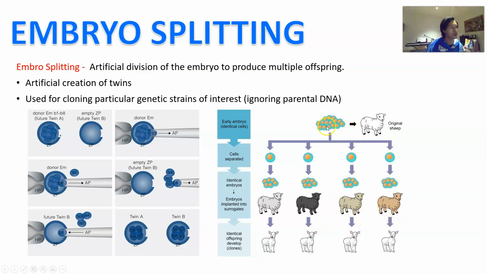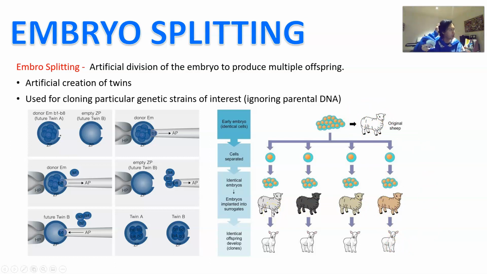So, for example, here is the original sheep that you would have gotten your embryo from that was pregnant, right? And then what you do is you remove the clump of cells, and then you split them into different clumps, and then you let them grow in probably a tissue culture for a little bit, and then you reinsert them into surrogate mothers, and then in the end they all produce the same sheep that is genetically identical to the original one here, despite being mothered by different surrogates.